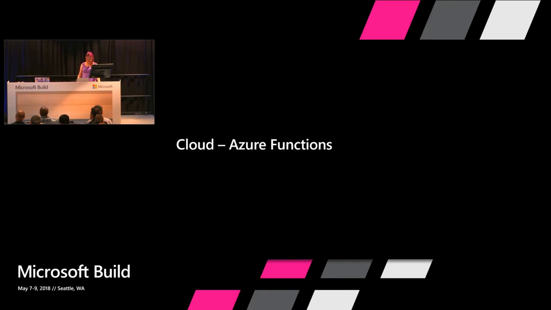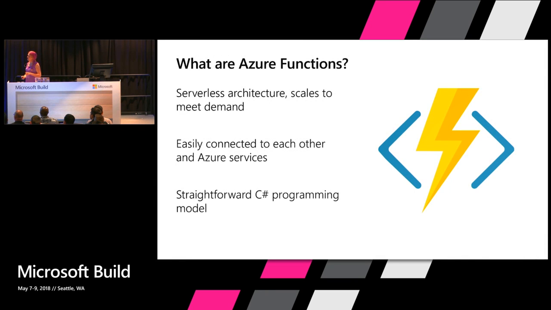Now, I kind of got things out of order a little bit because I forgot to tell you what functions were first. So does everyone here know what Azure Functions are? Okay, some people didn't. So the quick summary is they're a serverless architecture, so you can write a function, upload it into the cloud, and then it scales out depending on how much it's being called.